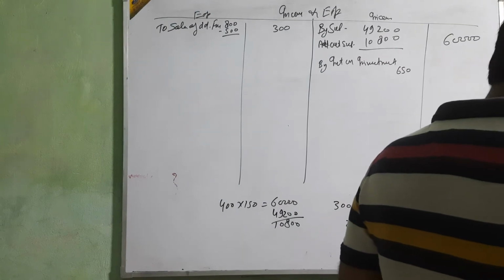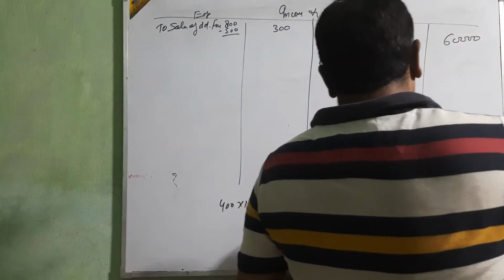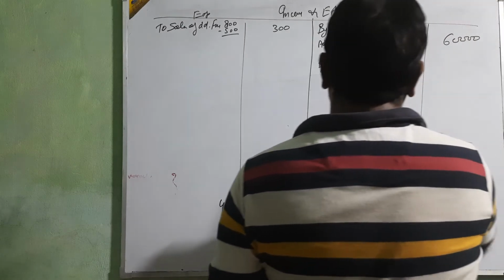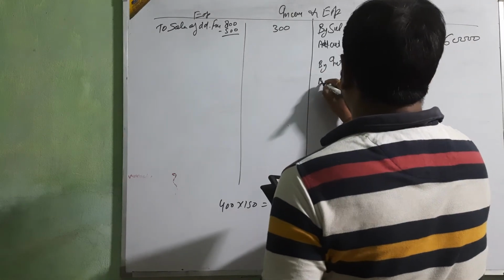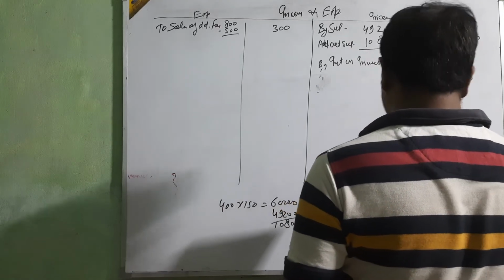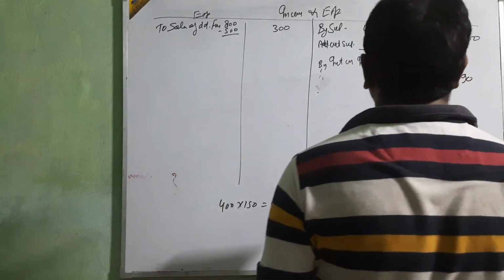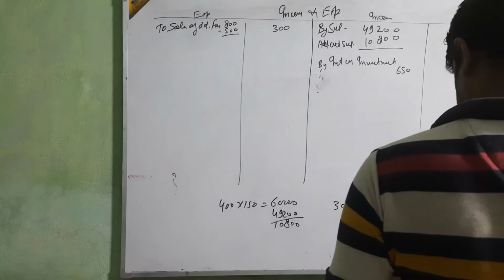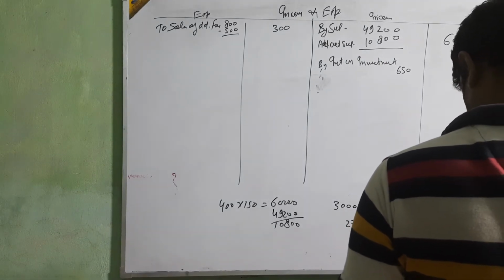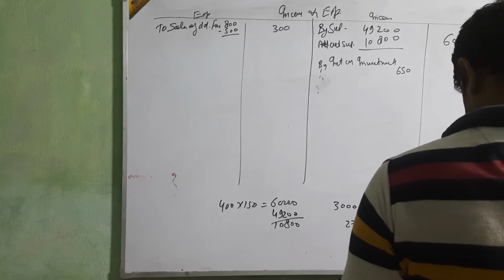Again I am going to calculate this amount. Interest on investment 90 rupees. Let's show that side. Okay, beta? Where is that main amount?